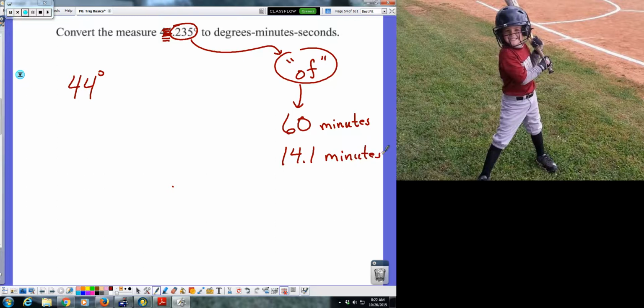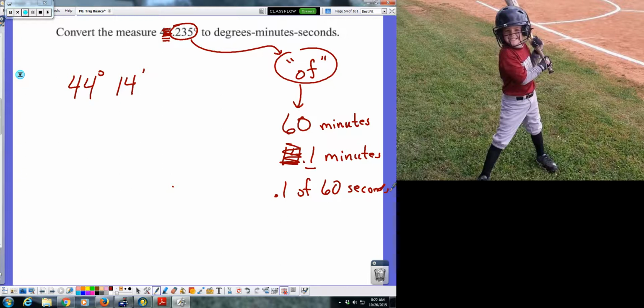So what I can say now is I have 44 degrees, I have 14 full minutes, and I have another portion. That portion is your seconds. So you have 0.1 of another minute, because this is 14.1 minutes. You have 0.1, or a tenth, of another minute, and each minute we know has 60 seconds in it.